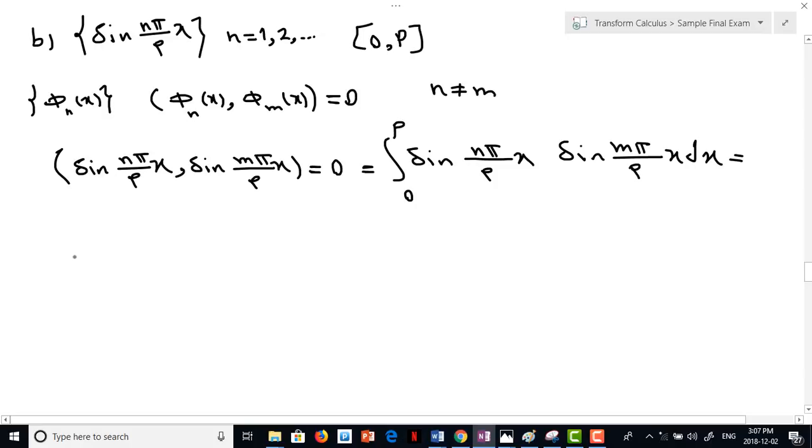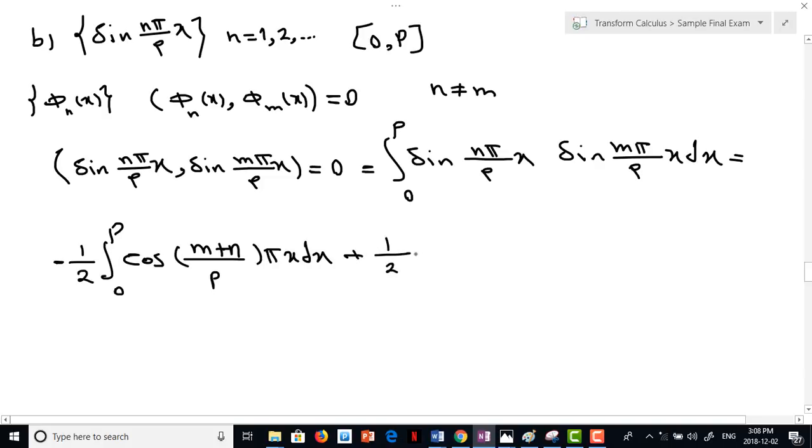It's equal to minus half the integral from 0 to p cosine of (m plus n) over p times pi x, plus half the integral from 0 to p cosine of (m minus n) over p times pi x.